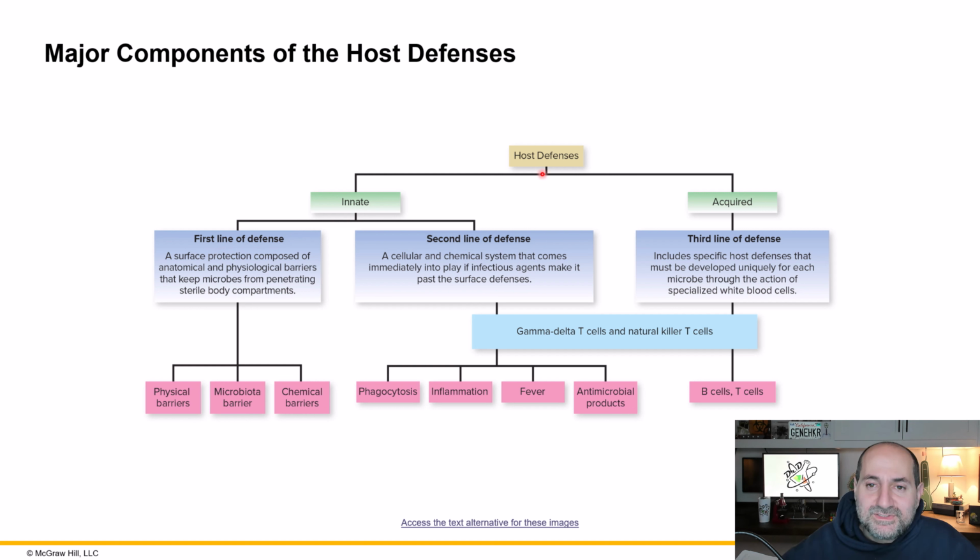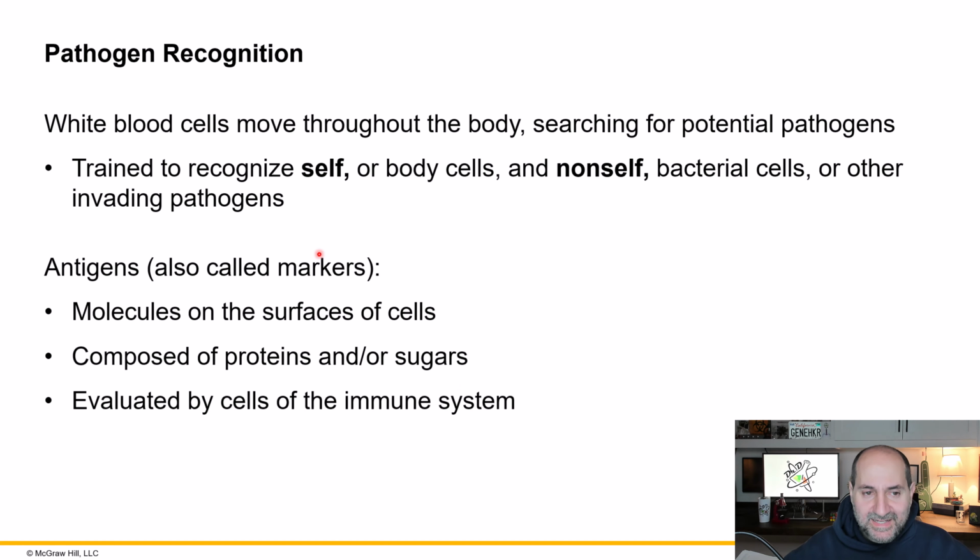And then chapter 16 covers the acquired or specific immune system. This is the branch that does have a memory, that does improve with each subsequent exposure. Remember that antigens are any molecule that can be identified by the immune system as either self or non-self.